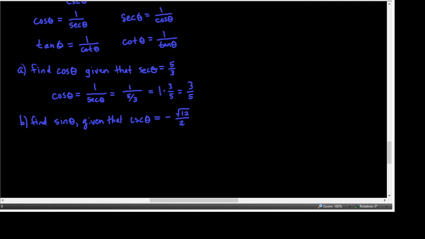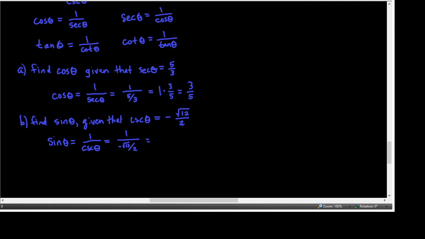All right, so let's see how you did. Sine of theta, according to the reciprocal identity, is 1 divided by cosecant of theta. Oh, but wait, is square root of 12 simplified?